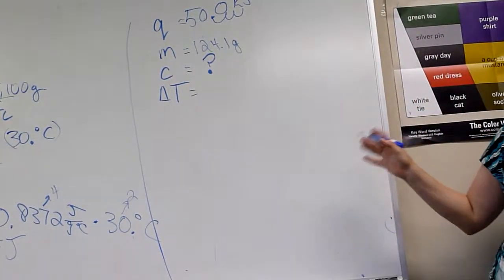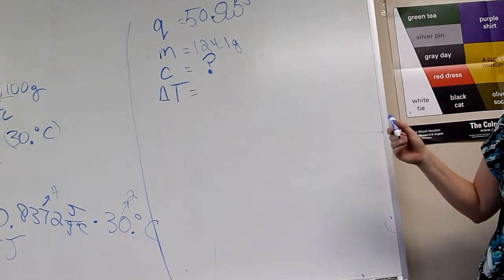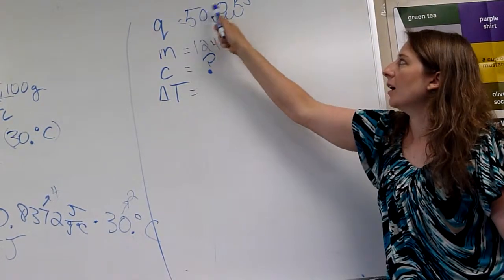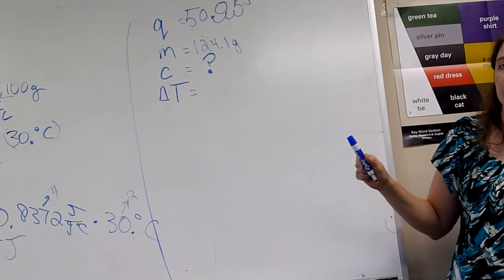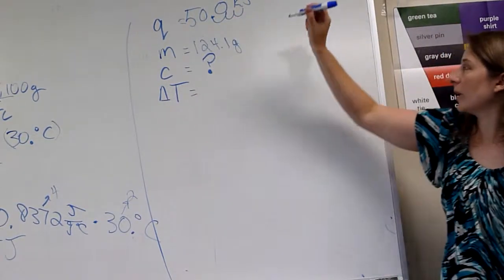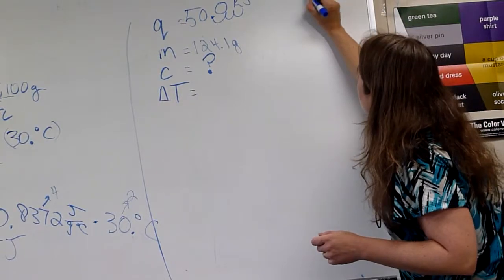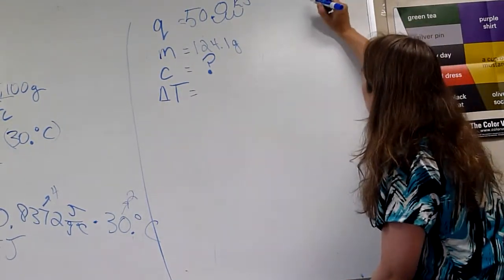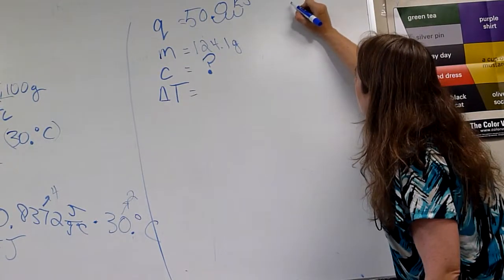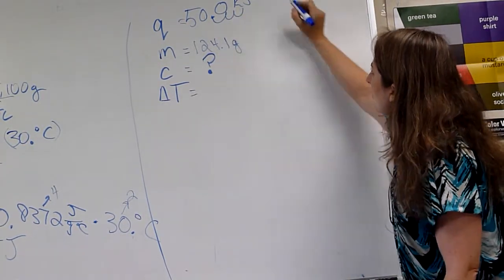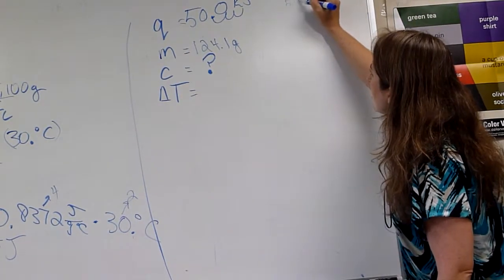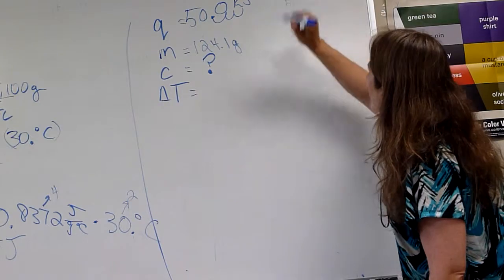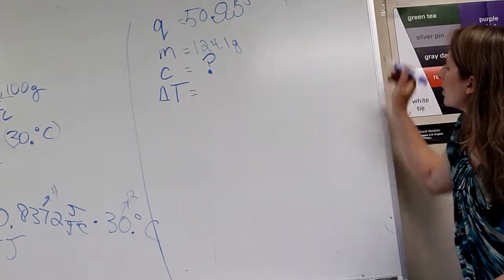But significant figure-wise, how many should I have? This looks like 1, but I know I should have 3. So this digit is the last significant digit. And you could use scientific notation there. You could say 5.00 times 10 to the 4th joules.